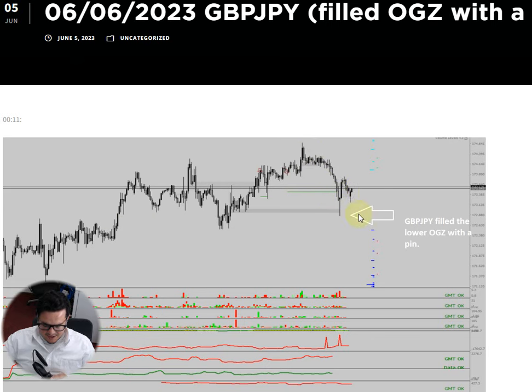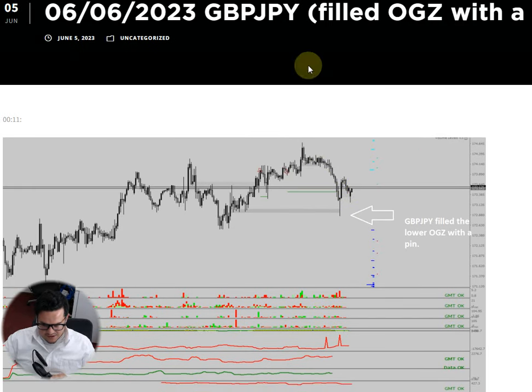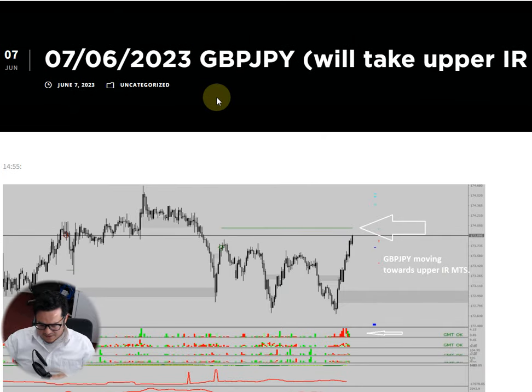It doesn't need to test the range or anything, it's just a normal pullback, normal price action we see all the time. Okay, so filled the medium term stop, and then with a pin, look at that, the order gap zone here, boom. Look at this precision. So these things are not random. People think it's all random. It's not random.